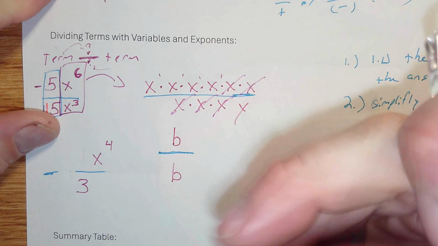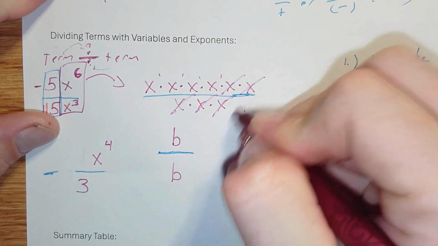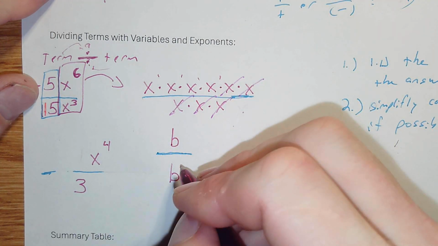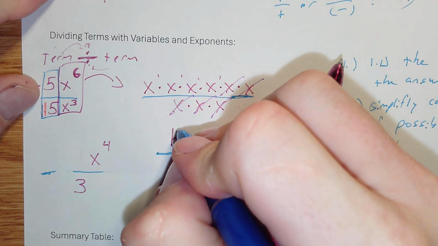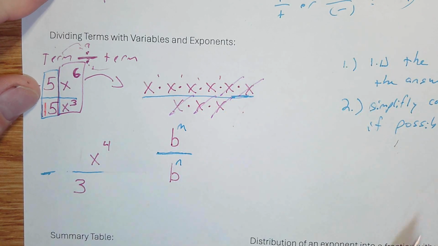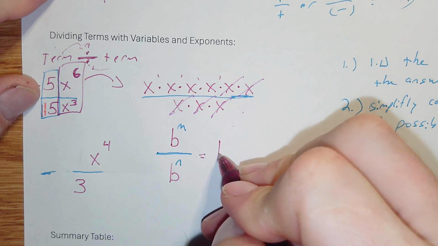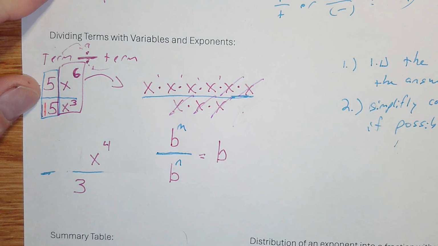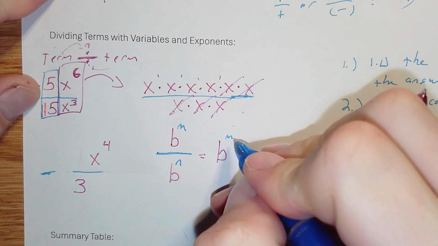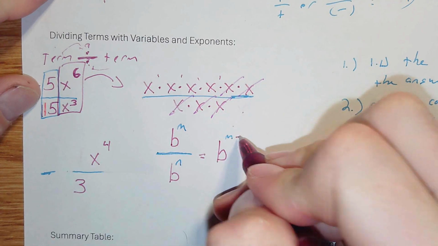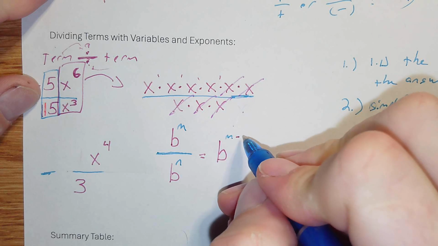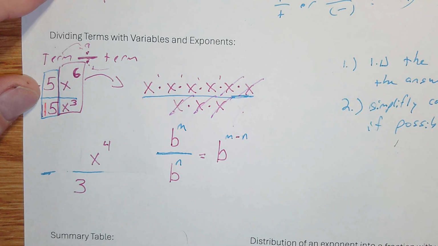So there's no y, I can't do that, right? So they have to be the same base. We'll say that this is m and this is n, right? Another way to write this is the base to the m minus the n.